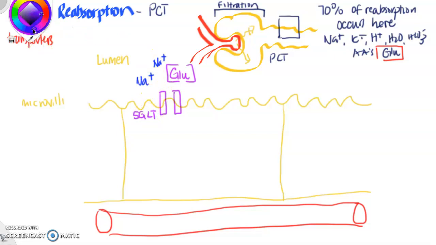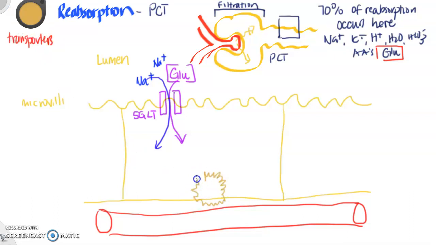So when sodium comes in, glucose comes too. And of course, on the cell, we have our friend, the sodium-potassium pump, or sodium-potassium ATPase.